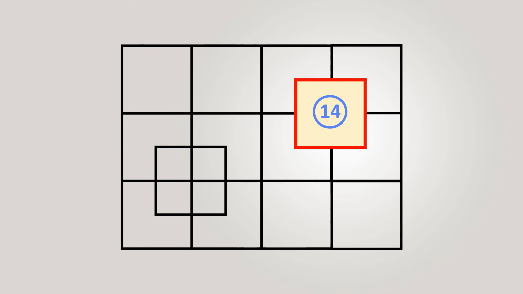They would have numbers 13 and 14. 2 overlapping squares introduce 8 small squares. They would have numbers 15, 16, 17, 18, 19, 20, 21, and 22.